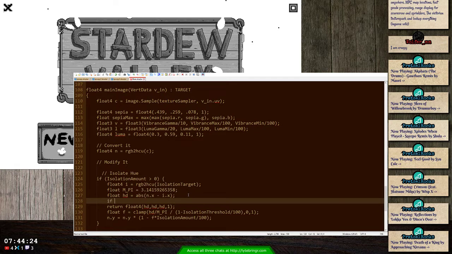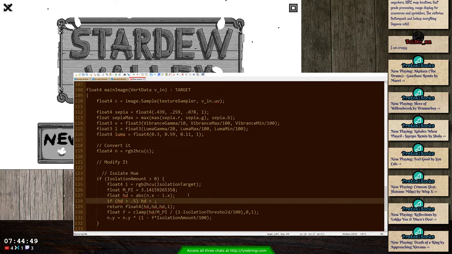So if HD is greater than 0.5, because you can only ever go halfway around, then HD equals what? So let's say it's 0.6.